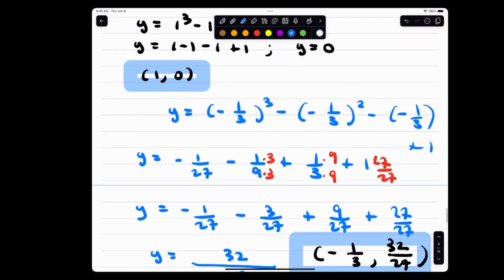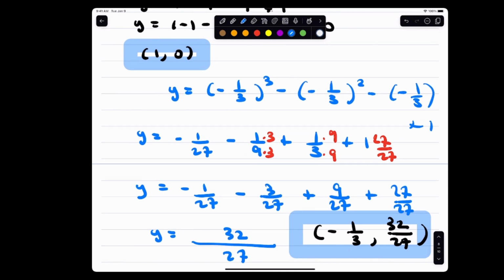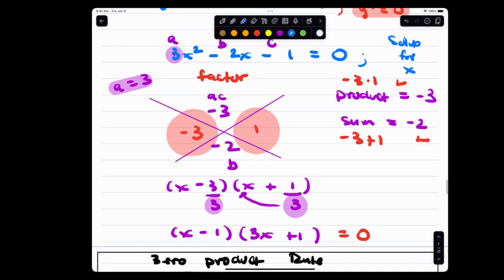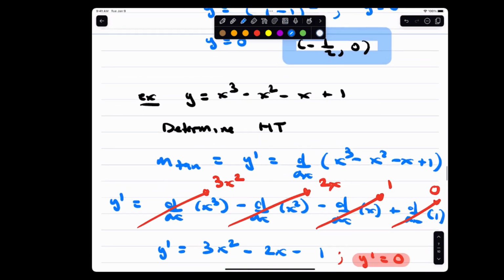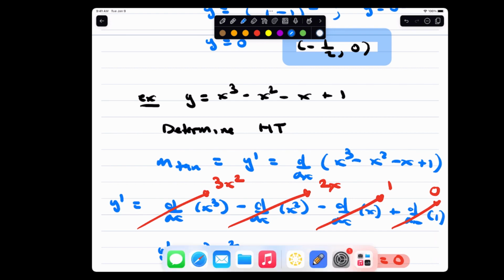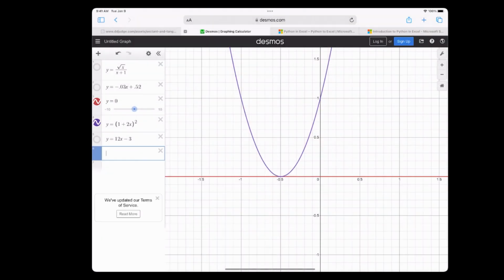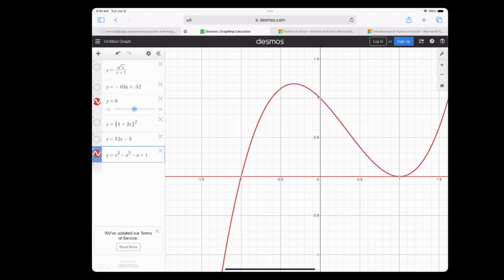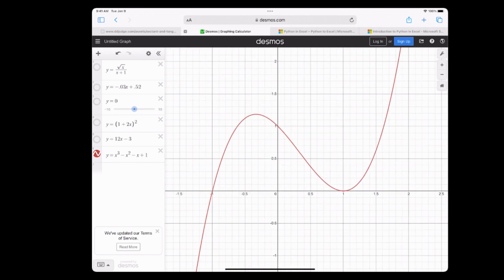So this problem has what? Two locations. And if I look at this curve in Desmos, y is what? X cubed minus x squared minus x plus 1. Take a look.